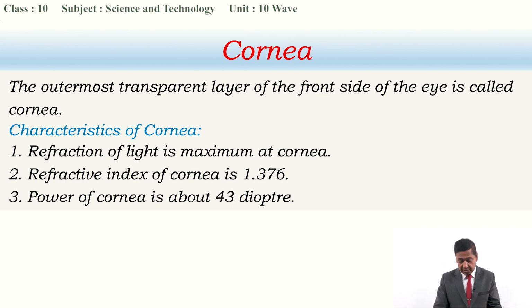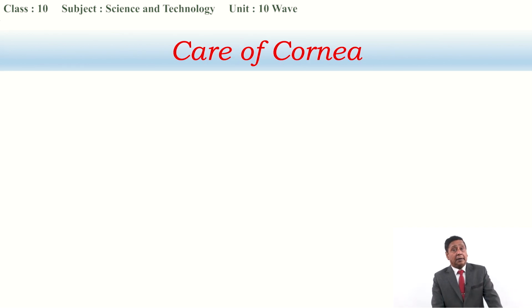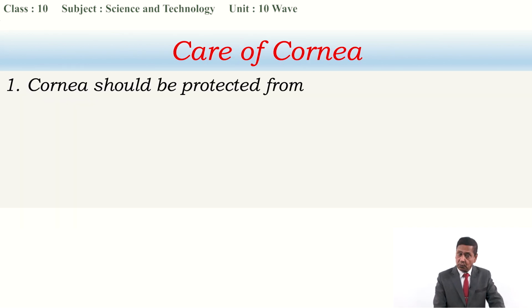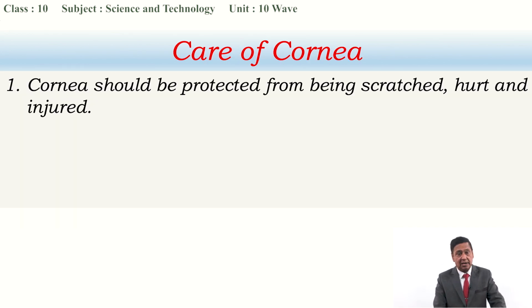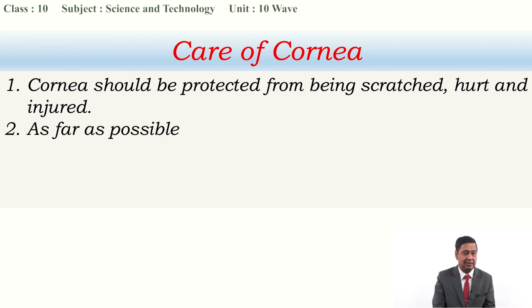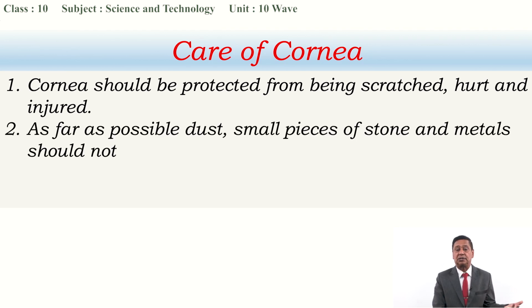That's why we have to take care of the cornea. Now, how to take care of the cornea? The cornea should be protected from being scratched, hurt and injured. Very simple matter, isn't it? As far as possible, dust, small pieces of stone and metal should not enter the eye.